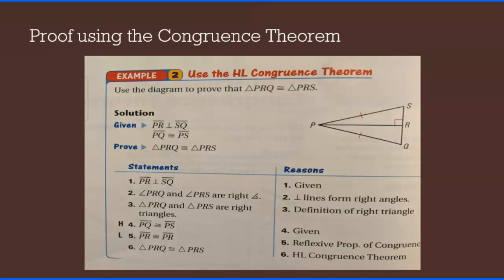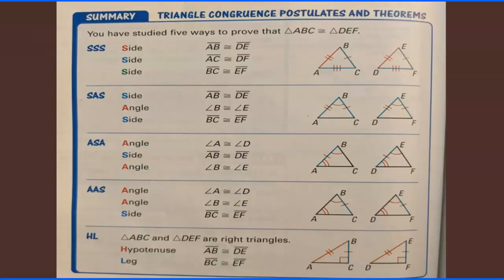Okay, let's review then the 5 triangle congruence postulates and theorems. Remember, we have side, side, side, means they're all equal. Side, angle, side, where you have 2 sides and the angle in between them is equal. Angle, side, angle, where you have 2 angles but the side between them is congruent. AAS, angle, angle, side.